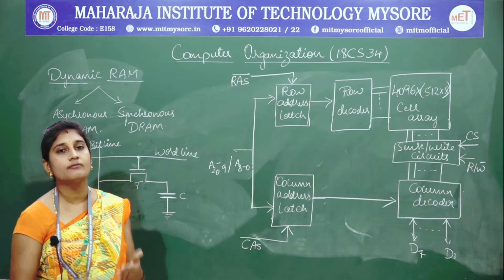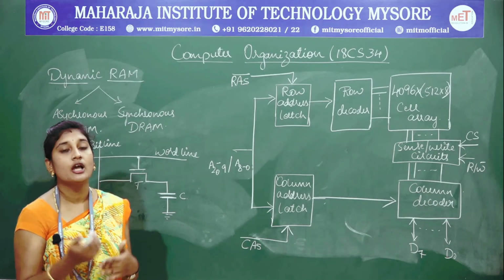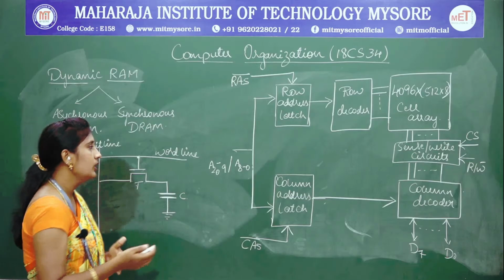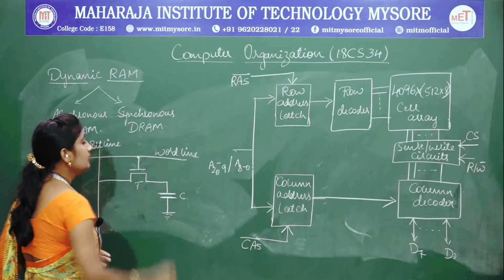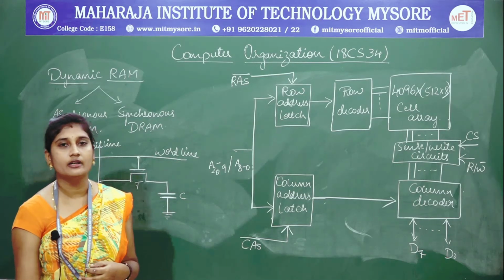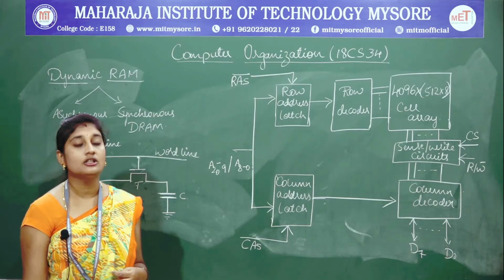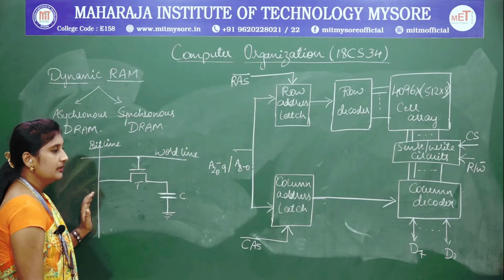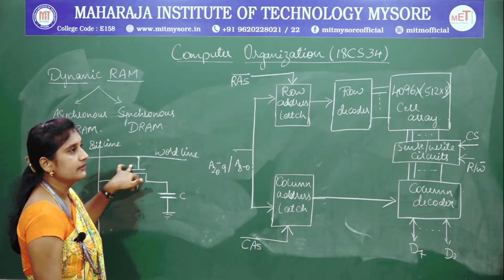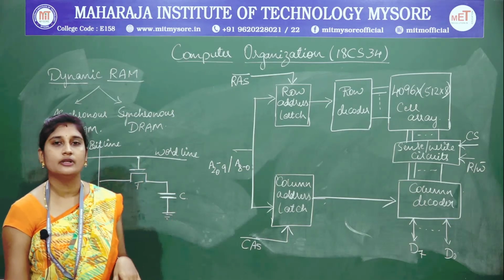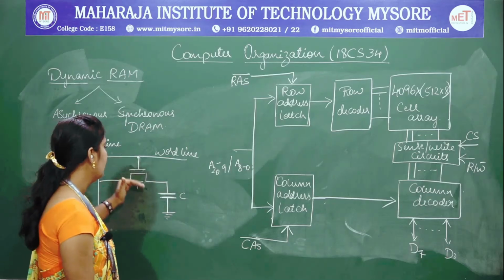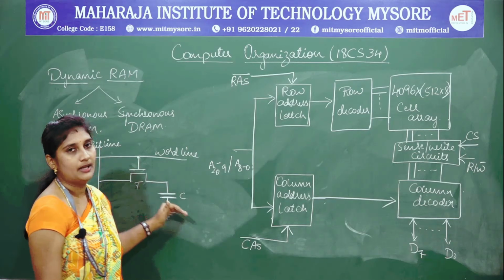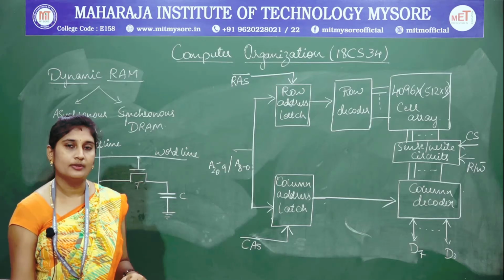So you need to refresh the contents of the RAM cells frequently. When the word line gets activated, with the address sent through the bit lines, the transistor is turned off and power will be supplied to charge up the capacitor to perform the read operation.